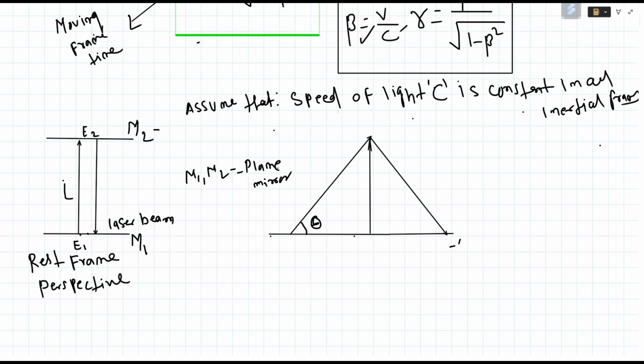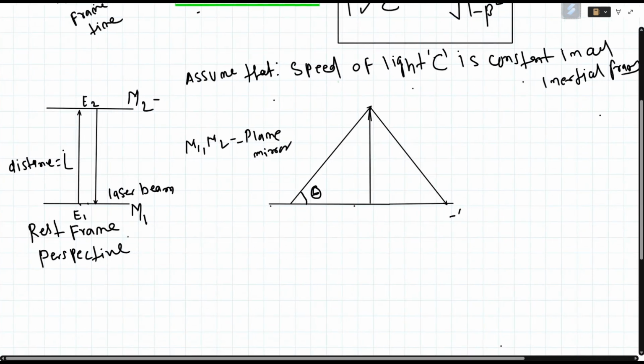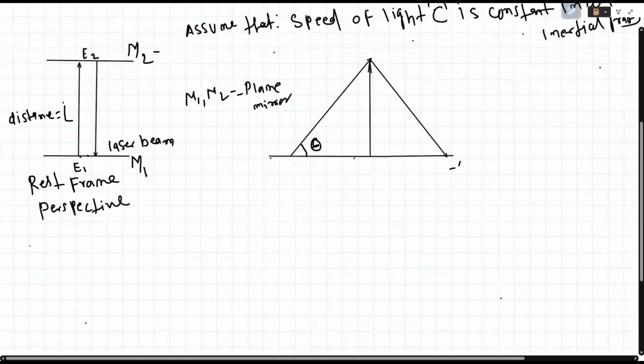From the faces of M1 and M2, the laser pulse bounces back between E1 and E2, and the distance between M1 and M2 is L. Now calculate the time at rest.